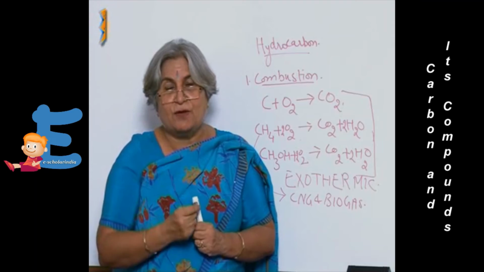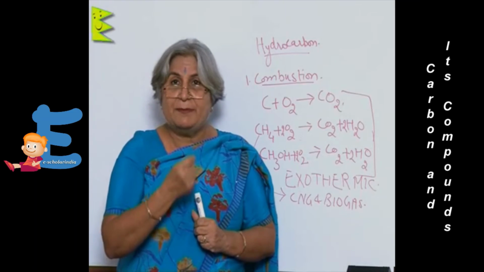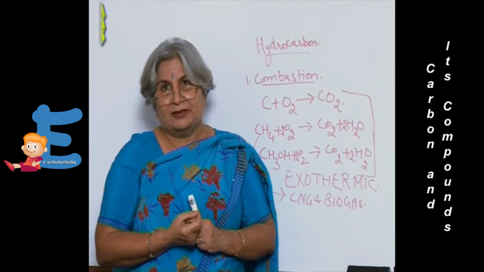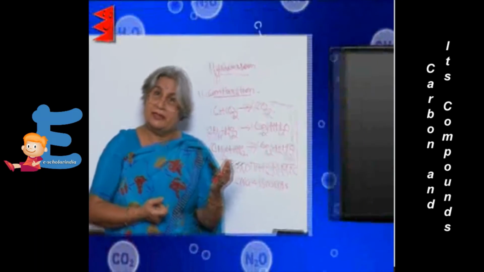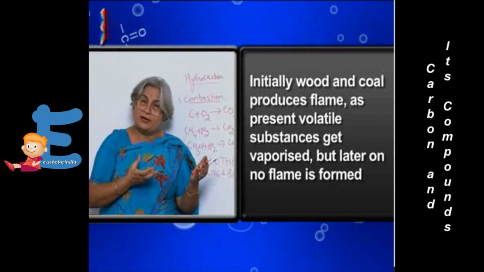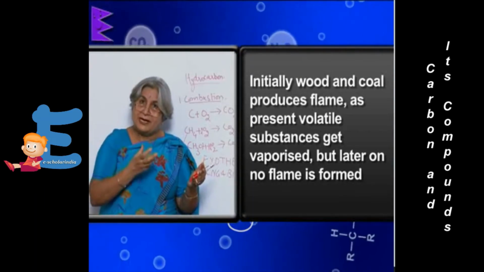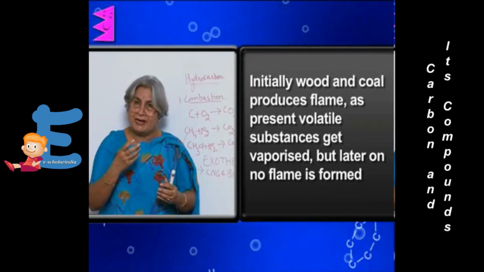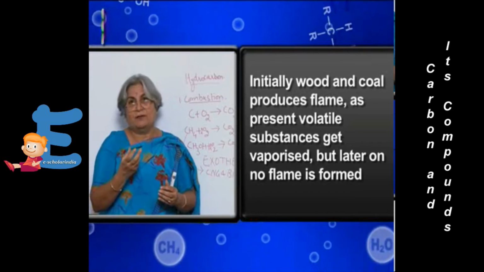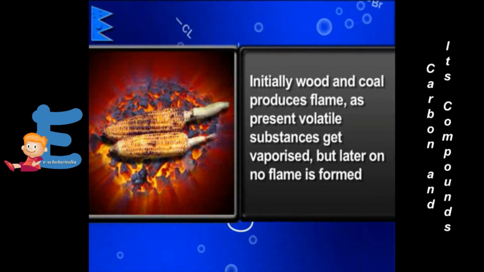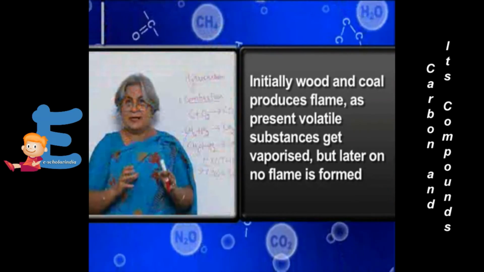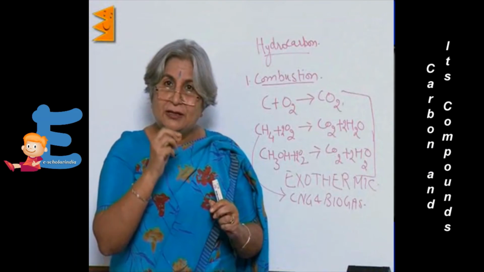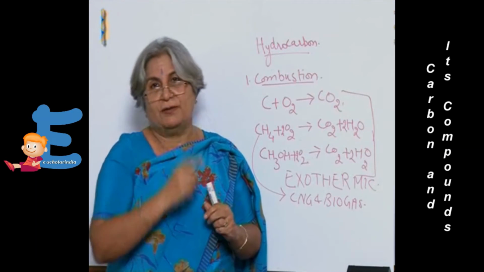Because a flame is formed only when vapors are burnt. Then why is there a flame initially? There is a flame in wood and coal because the volatile substances present in them vaporize and burn, forming a flame. But later on, no flame is formed. In the case of wax also, the wax vapors burn to form a flame.